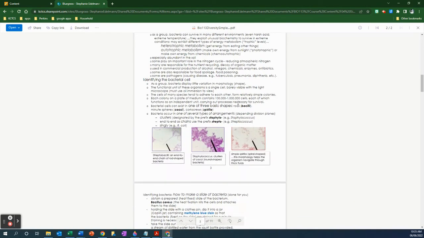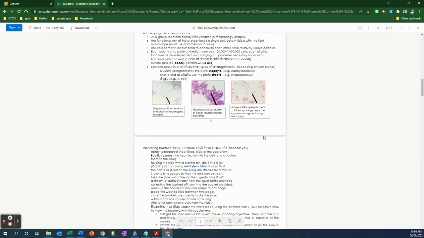We're going to talk about shapes of bacteria because bacteria are really, really small, and the only thing you can really make out, even with the highest magnification under the microscope, is just the shape. The shape tells you something, like the name tells you something about the shape. So if I tell you something is a staphylococcus, you know that it's clusters and it's round. So kind of look at that.